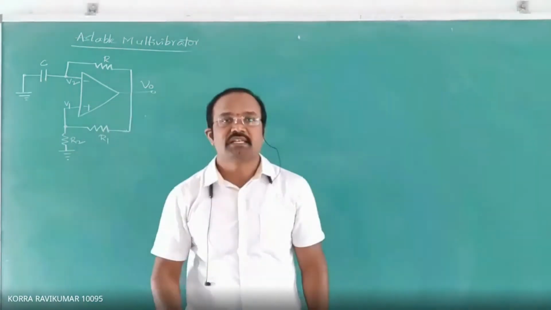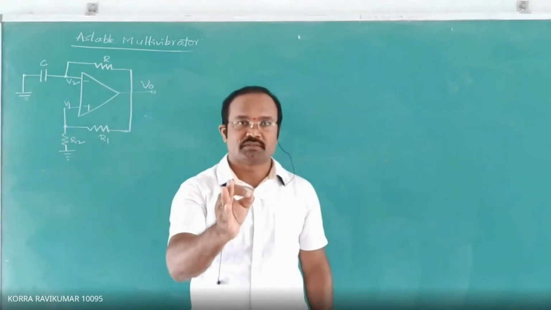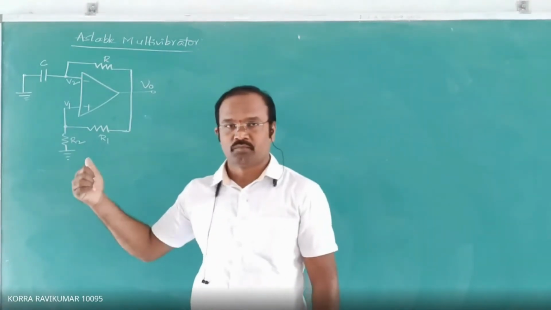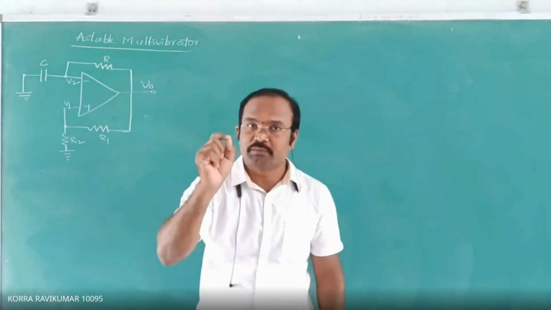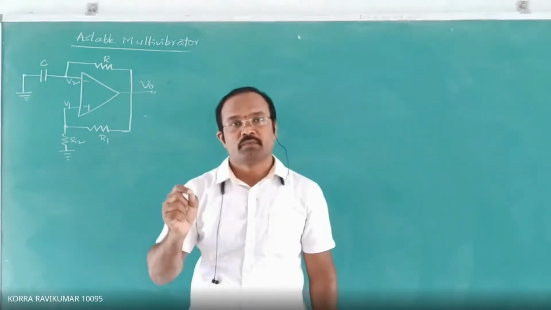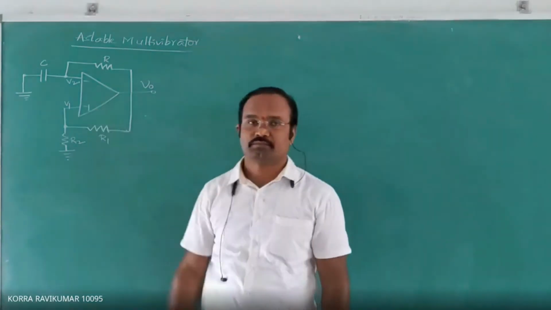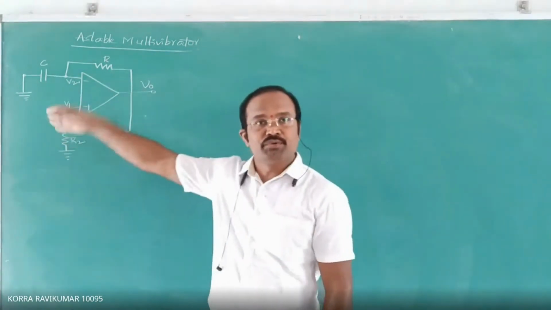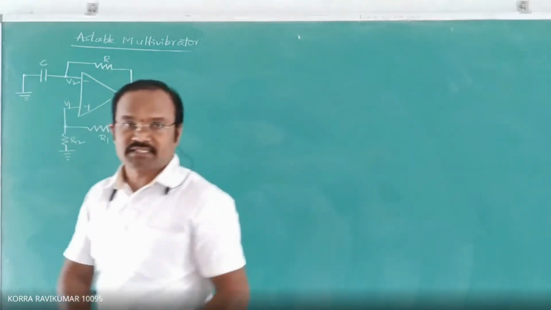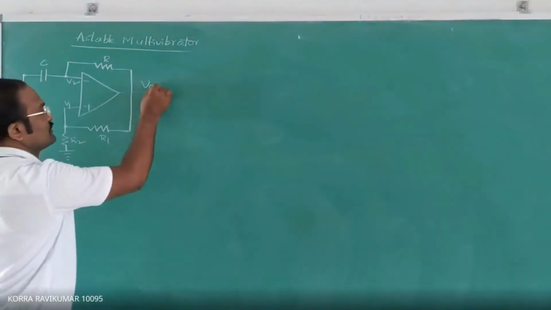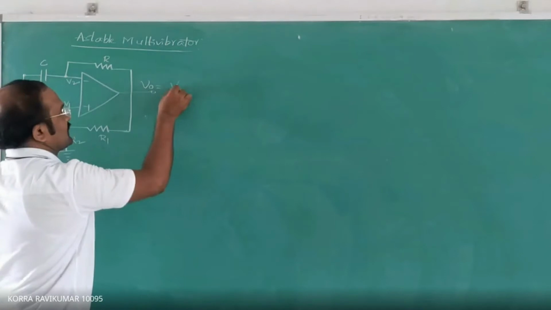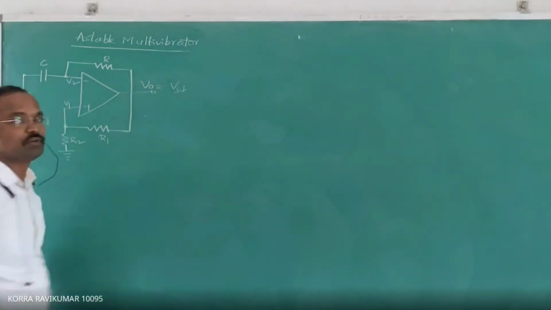Internally there is an offset voltage for this op amp. That very minute offset voltage gets amplified by this op amp and produces the output as the V saturation voltage.